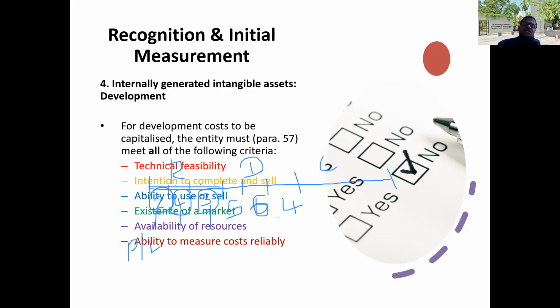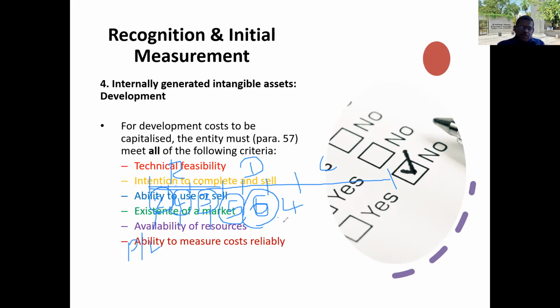And existence of a market, and also availability of resources and ability to measure cost reliably. If all these six criteria are satisfied, what you can do is capitalize this 5 million which was incurred in the first year of the development stage, and we can capitalize this 6 million also in the second year.